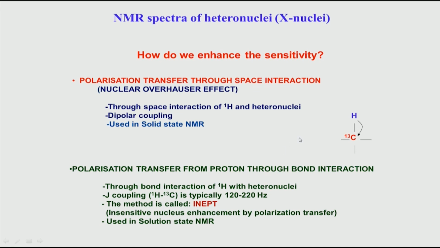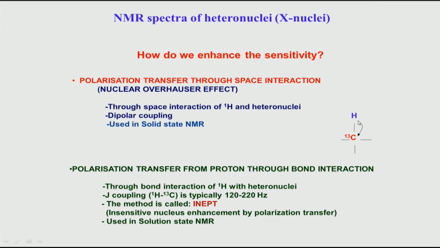This transfer of polarization using the J coupling through bond, we call INEPT. This stands for insensitive nuclear enhancement by polarization transfer. So, this is the typical word we use, INEPT. We will not go into detail of how INEPT achieves this polarization transfer.